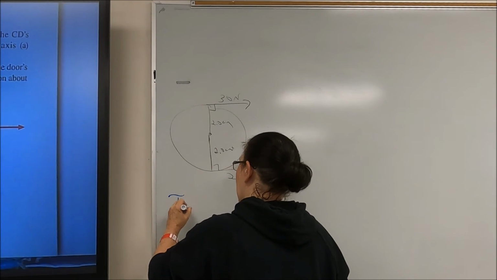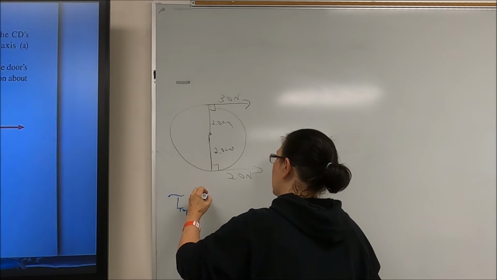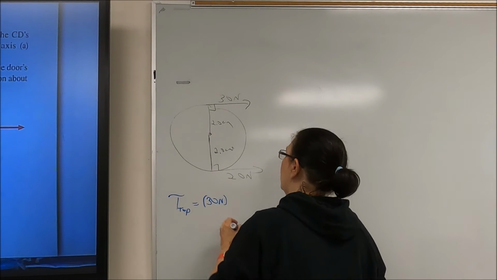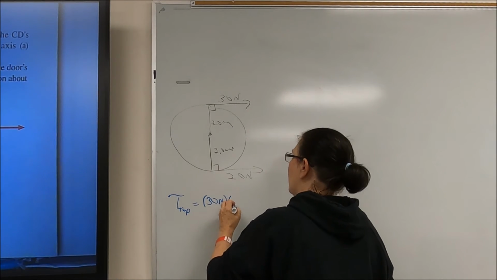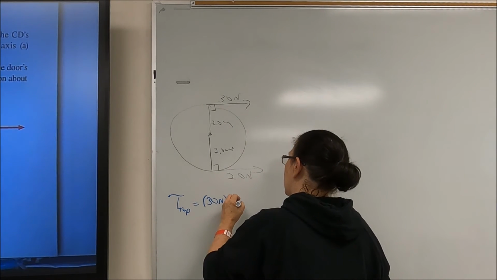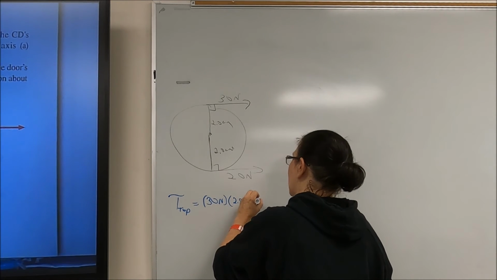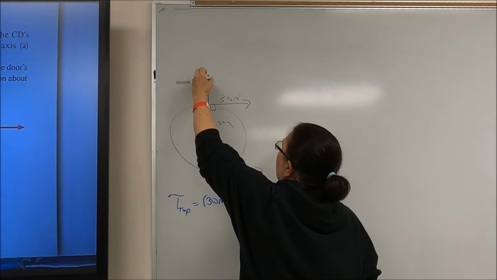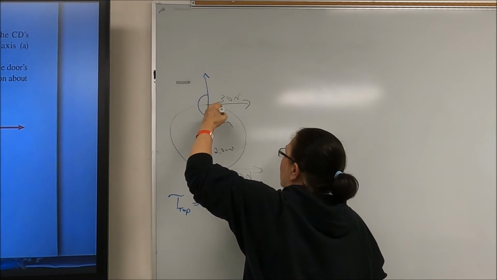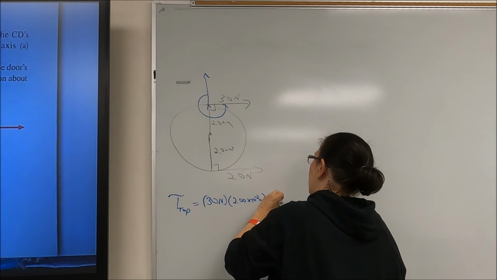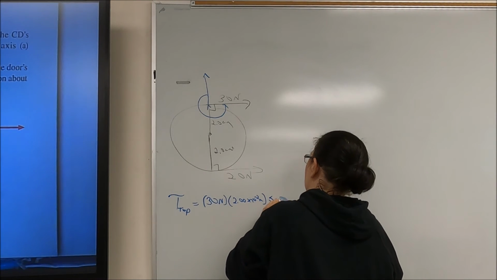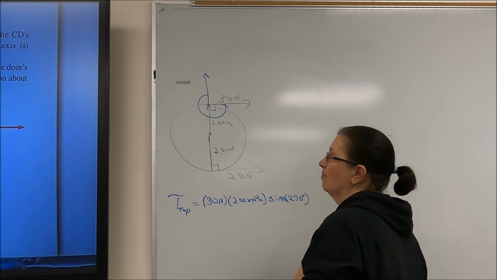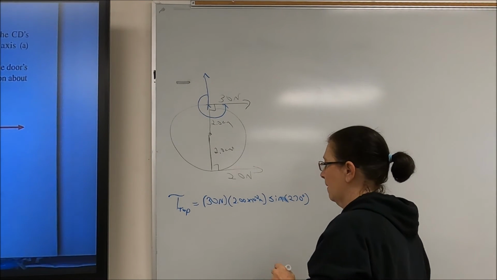The torque from the top is going to equal the magnitude of the force, 30 newtons, times the magnitude of R, 2.00 times 10 to the minus 2 meters. And if you think about this as R and extending R this way and going counterclockwise, I'm going to take the sine of 270 degrees. Okay?